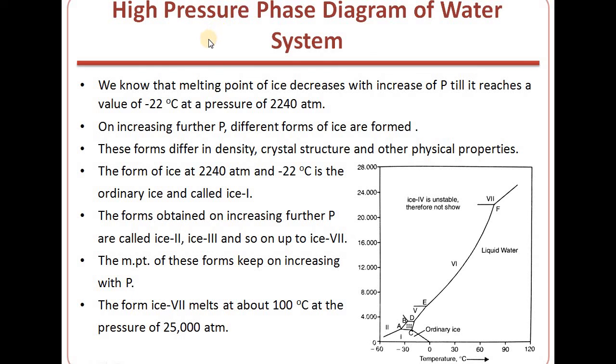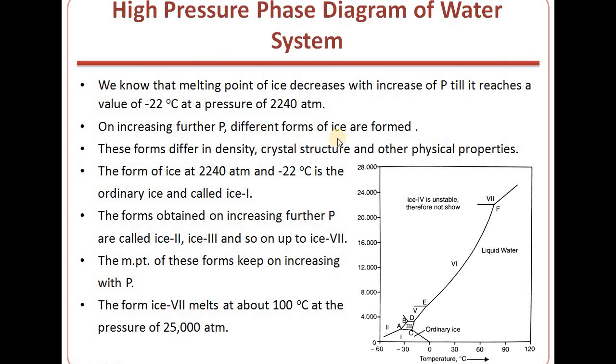Now next is the high pressure phase diagram of the water system. We have already discussed that the melting point of ice decreases with increase of pressure. There is a negative slope of the melting point curve of ice when ice and water are in equilibrium. Now, when the pressure of 2240 atmospheres is crossed, on further increasing pressure, different forms of ice are formed.